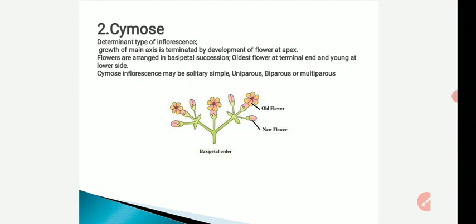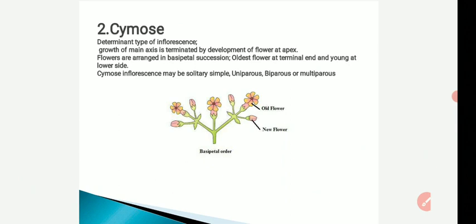That is called basipetal succession. The order of opening of flowers is centrifugal. That is, the oldest central flower opens first and the younger peripheral flowers open later on. And this inflorescence may be uniparous, biparous, or multiparous.